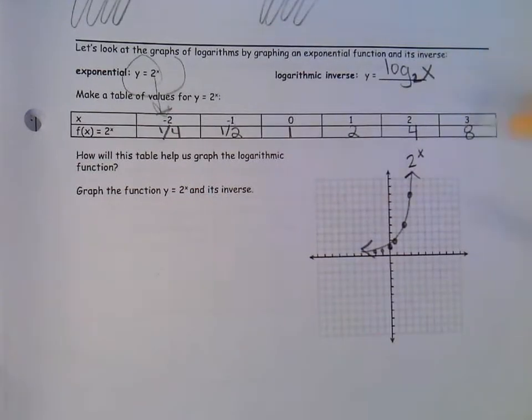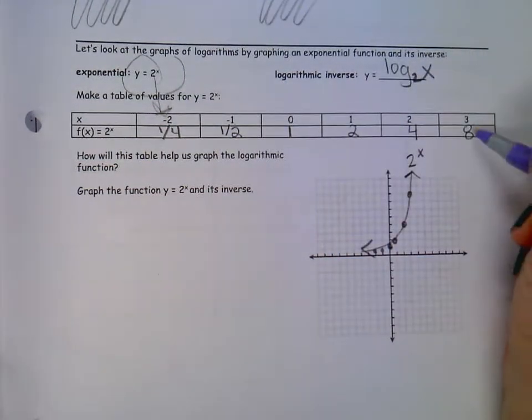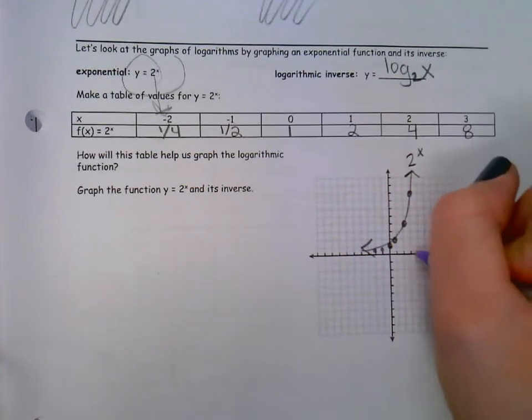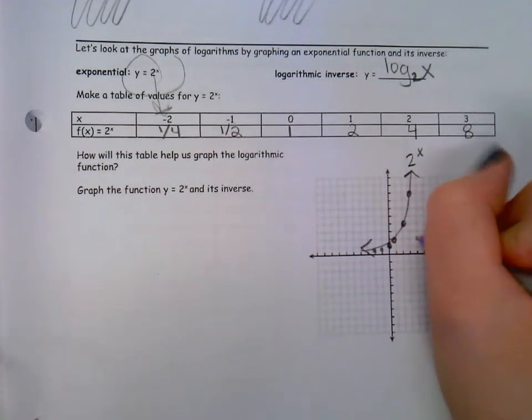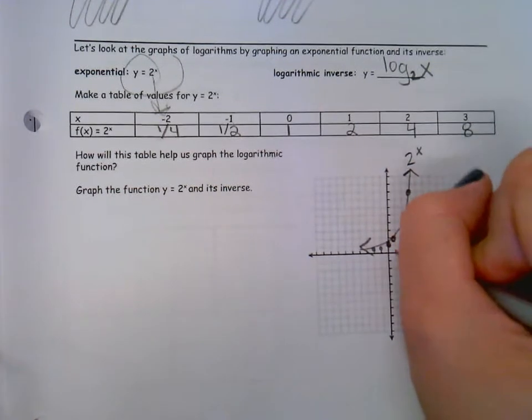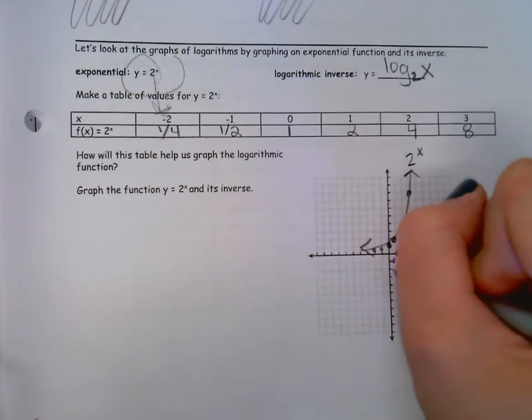If I flip those points around, I'm going to do it with a purple pen. I'm going to graph 8, 3, 4, 2, 2, 1, 1, 0, and then these are kind of fractions going this way.